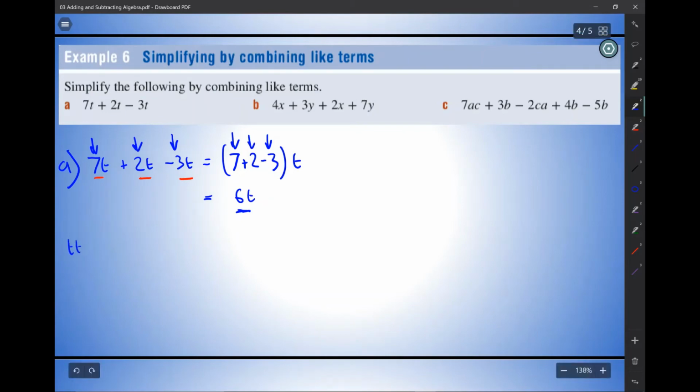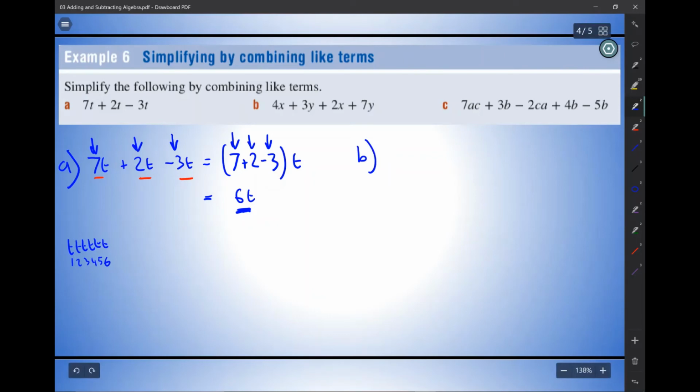If you wrote out all your t's, 7 t's, and then you added 2 more t's, but then you took away 3, how many would you have left? 1, 2, 3, 4, 5, 6. So hopefully you can see that this makes a little bit of logical sense.